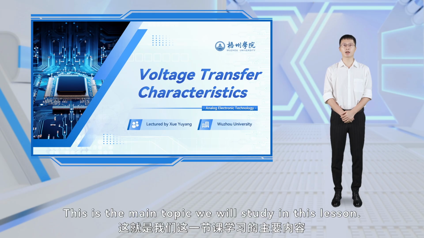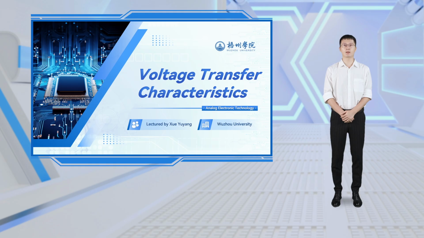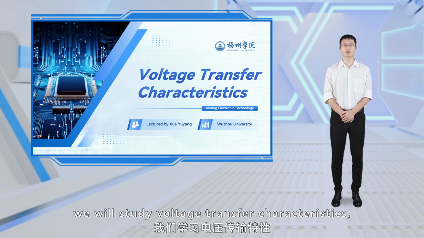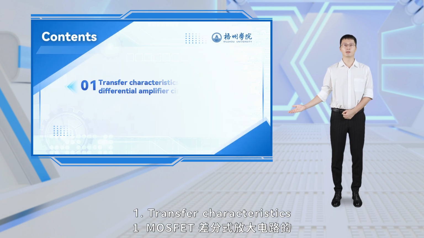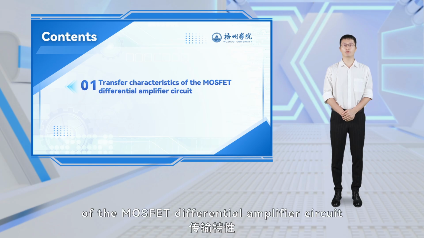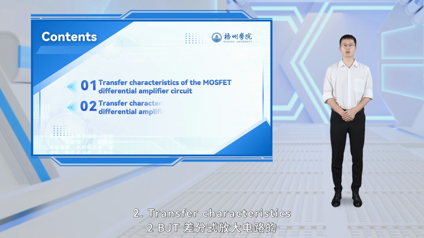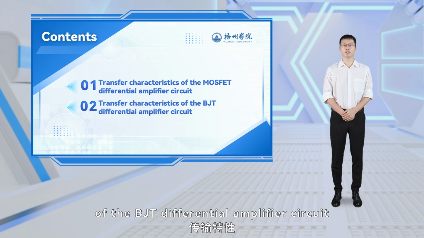This is the main topic we will study in this lesson. We will study voltage transfer characteristics with two knowledge points. 1. Transfer characteristics of the MOSFET differential amplifier circuit. 2. Transfer characteristics of the BJT differential amplifier circuit.